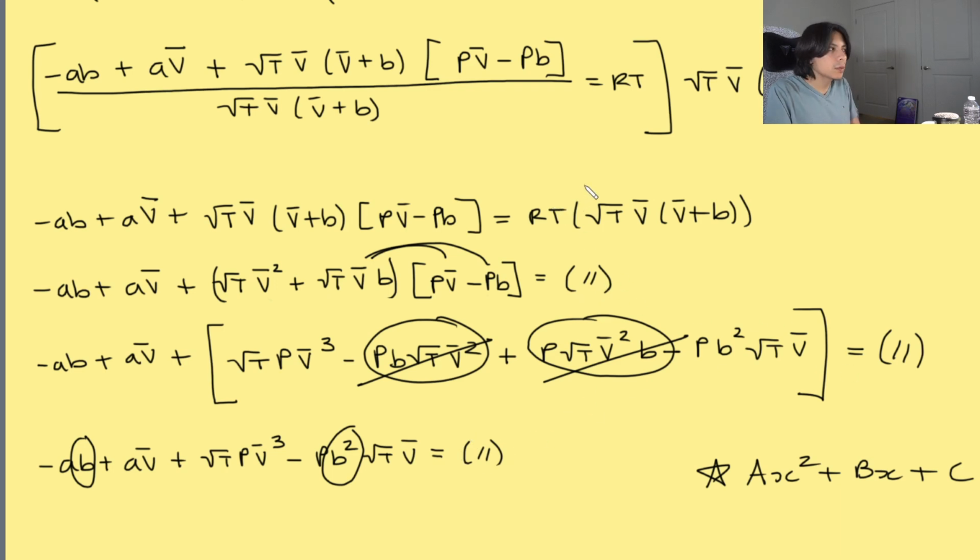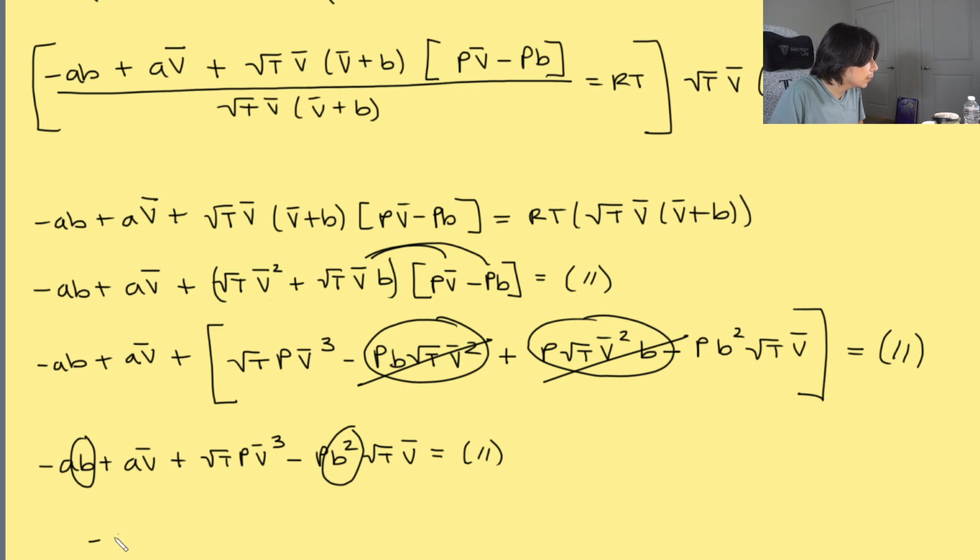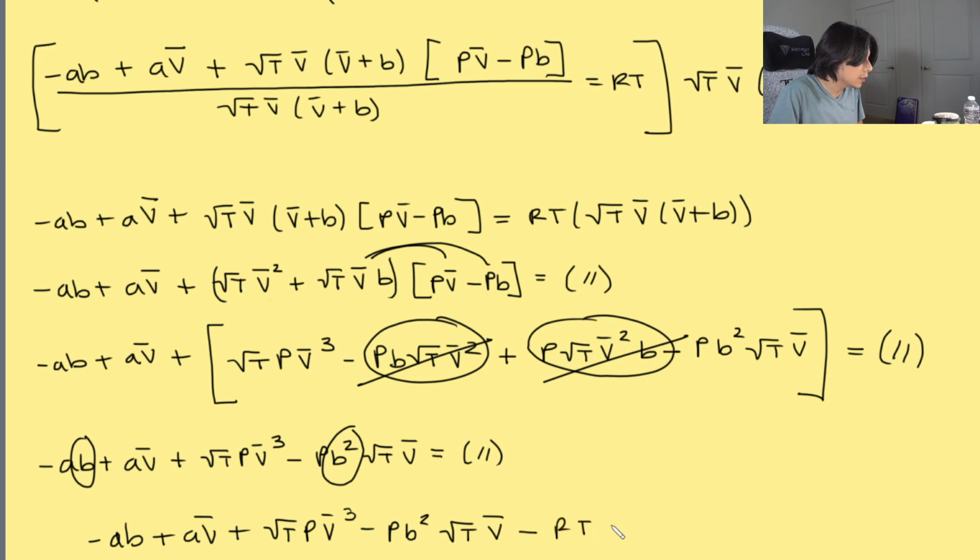But now what we're going to do is subtract this side from the right hand, so it ends up on the left-hand side. And because of the logic that I just explained, I'm going to erase that. And I'm going to rewrite. I'm going to subtract that. So then we're going to keep this the same. And we're going to subtract this RT square root of T V bar times V bar plus B term.